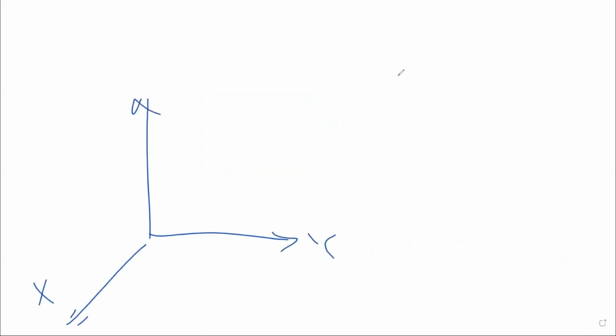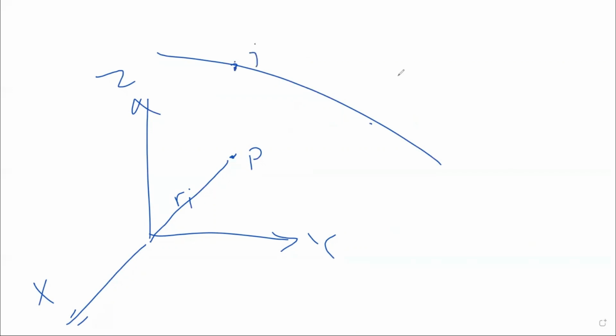I have a coordinate system, X, Y, and Z, and I have a point P at the surface of the Earth, and this point has position Ri, for example, in the Earth's coordinate system. And I have a satellite pass over this area.